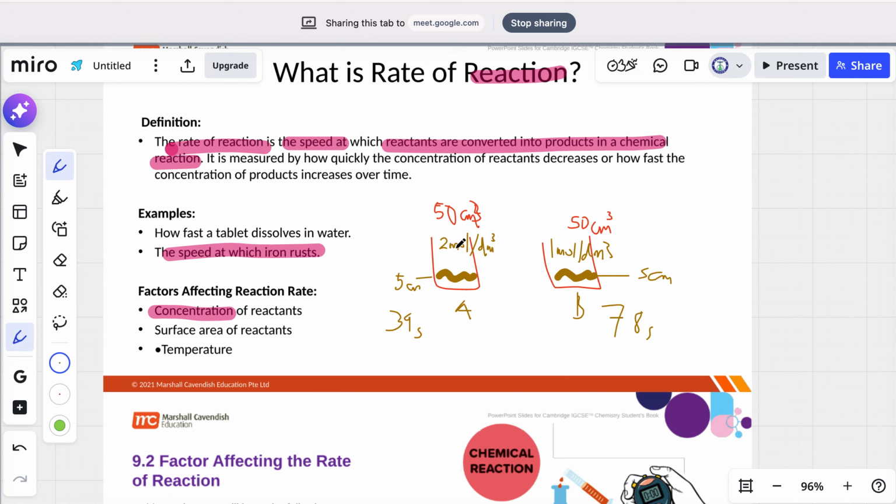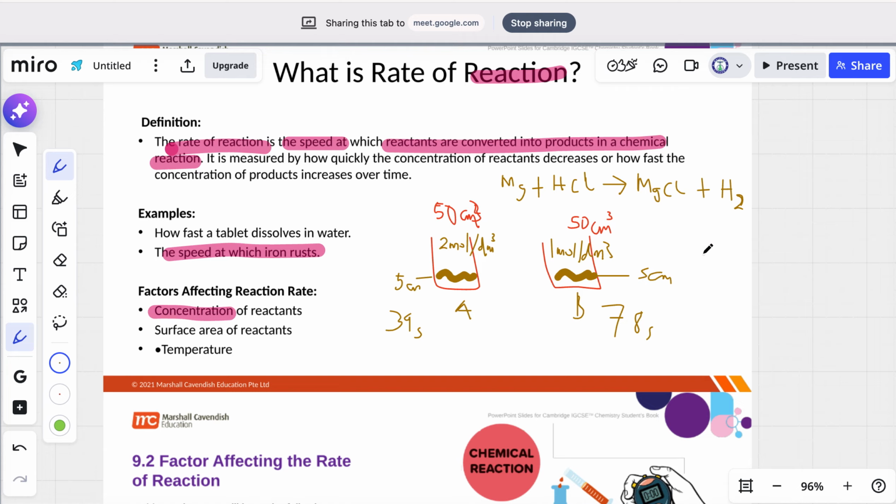So we're going to measure the volume of gas. We can collect this gas in a gas syringe; we connect the gas syringe to this beaker and collect the gas produced. So the volume of the gas produced determines the rate of the reaction.